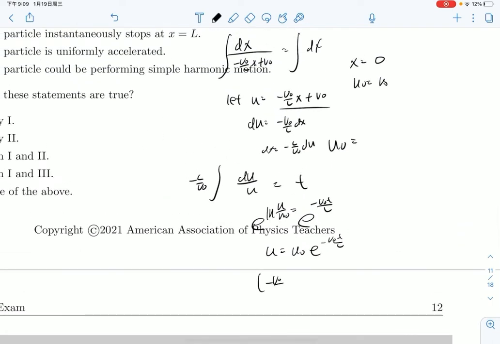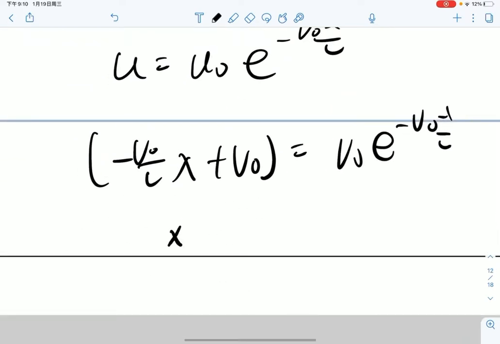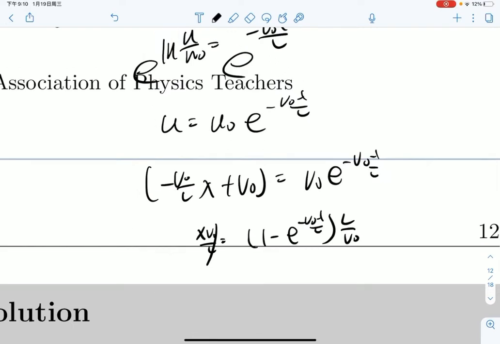v0 over (L x plus v0) is equal to v0 e^(v0 t/L), and you will have x v0 over L is equal to 1 minus e^(v0 t/L). You move L v0 to that side, and you divide by v.